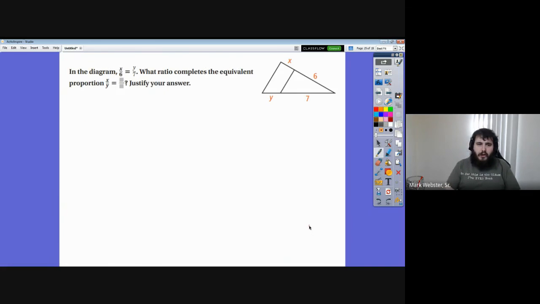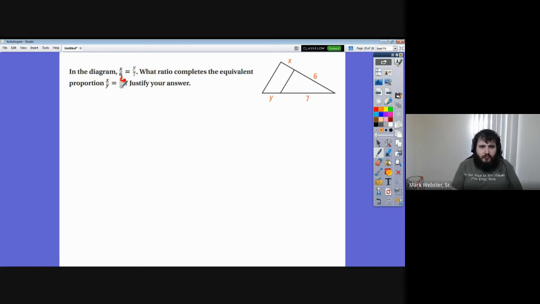So here's the thing. You're going through and you've got a problem like this. They're asking you to complete the equivalent ratio thing. So you've got x over 6 equals y over 7. Just notice what goes together. Here x goes with 6 and y goes with 7. So if I've got this rewritten over here, if x goes with 6, 6 is going to go over here, right?